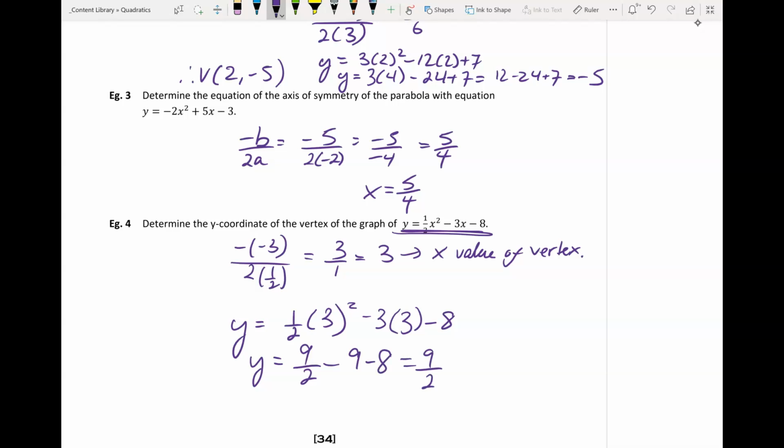Negative 9 minus 8 is negative 17. Now I want to make sure that I have a common denominator so I can combine these as fractions. And I can multiply this by 2, top and bottom. So our final answer here is negative 25 over 2, which is the same thing as saying negative 12.5.